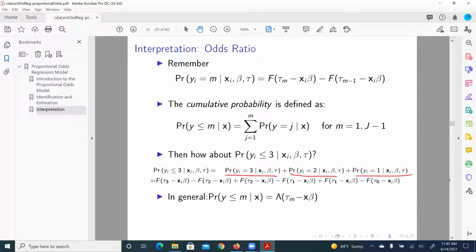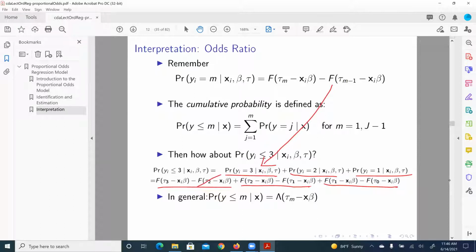Then what is the probability of y equal to 3? Well, according to this definition here, or what we derived previously, it is equal to a difference of 2 cumulative density functions. And what's the probability for y equal to 2? Well, again, another difference. What about the probability y equal to 1? Again, another difference. And we need to add up all these differences.